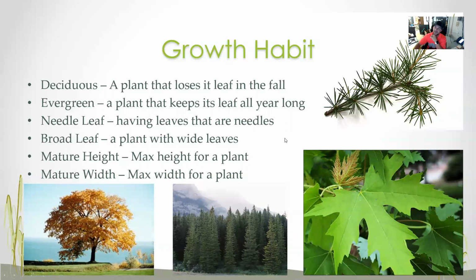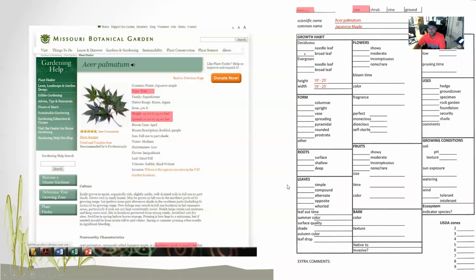Broadleaf plants, like down here on the bottom right, are broad the whole way across. They could be all one shape, or they could be serrated in different shapes. But if it's bigger than a needle, then it's always going to be a broad leaf. So mature height, that's going to be the max height of the plant, and mature width will be the max width of the plant. So let's take a look here on our page.